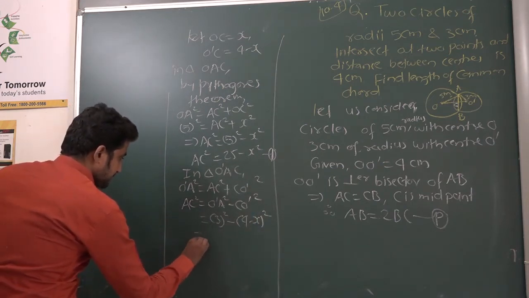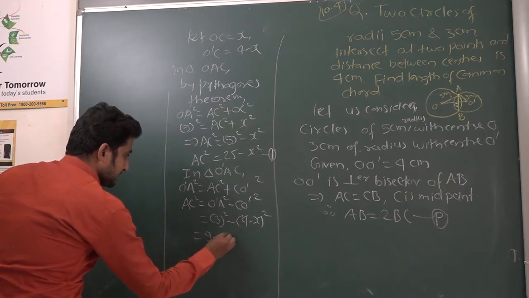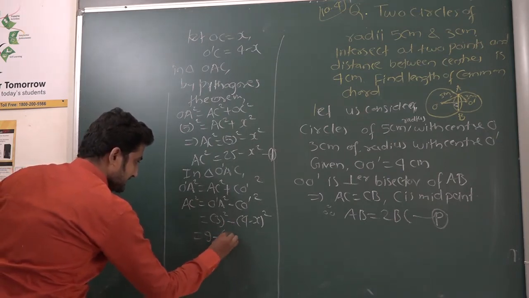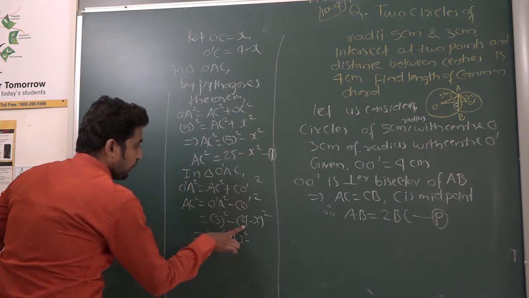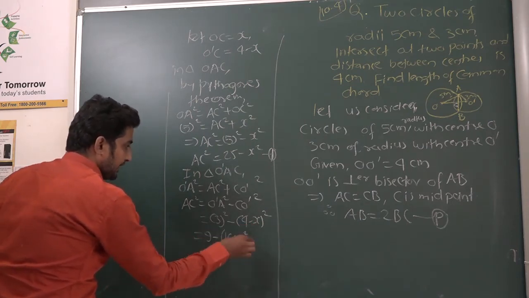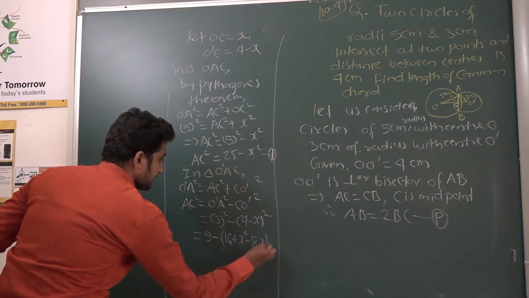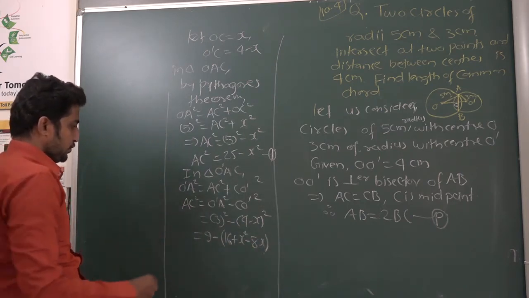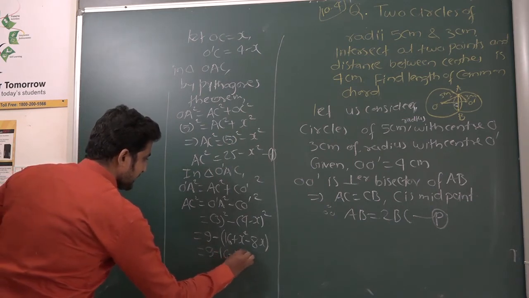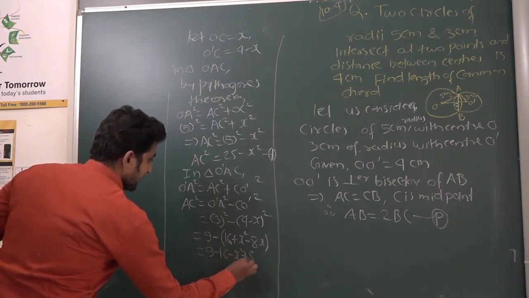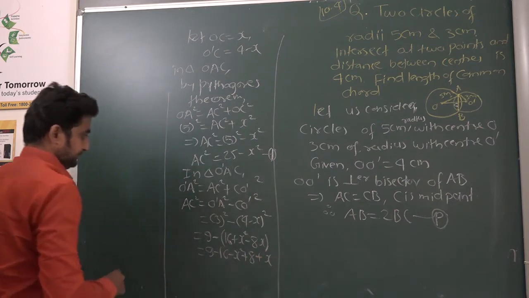So this is 9. This is 4 square, it is 16. It is x square minus 2 into 4, it is 8x. So it is 9 minus 16 minus x square plus 8x.